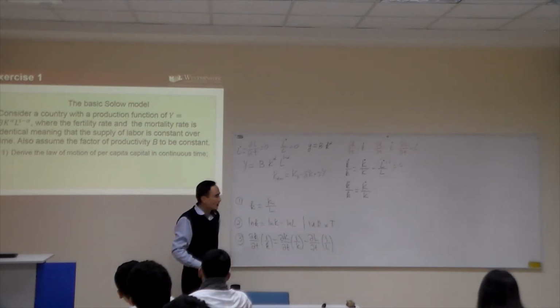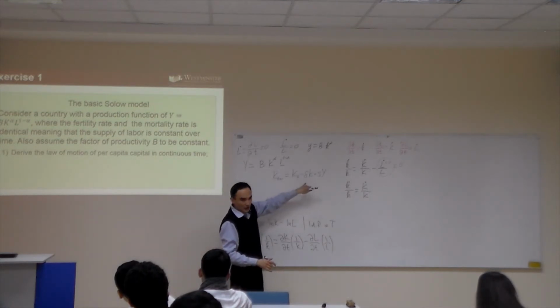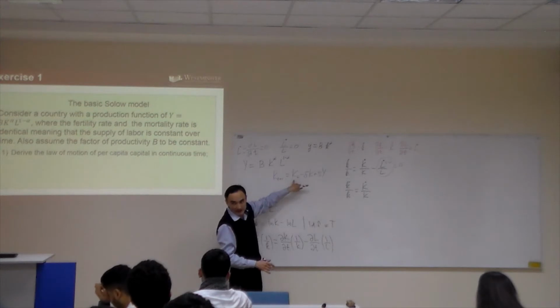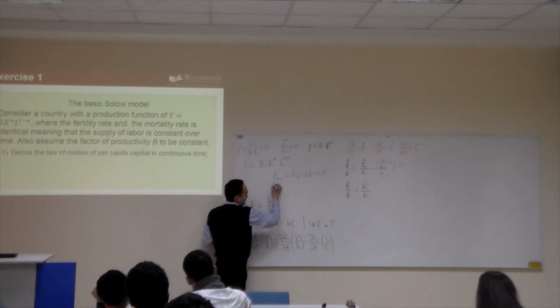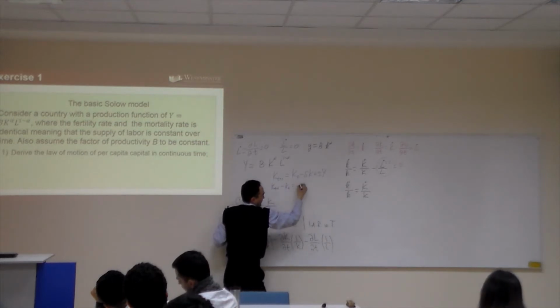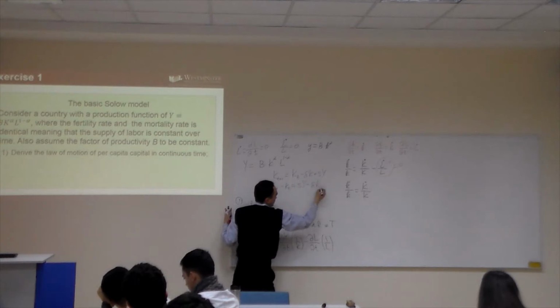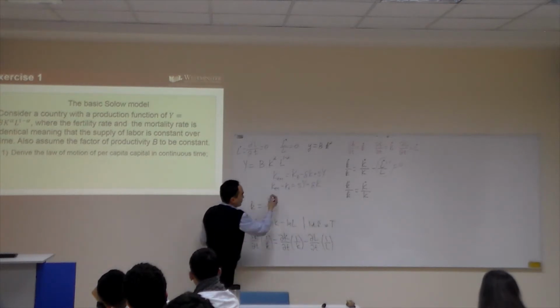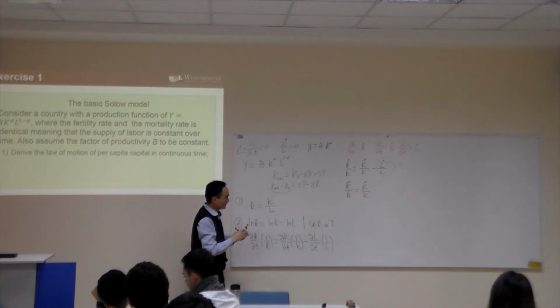So now if I subtract capital stock K_t from both sides of this equation, I will get K_t+1, capital stock, minus capital stock of the previous year equal to SY, investment, minus depreciation, right?